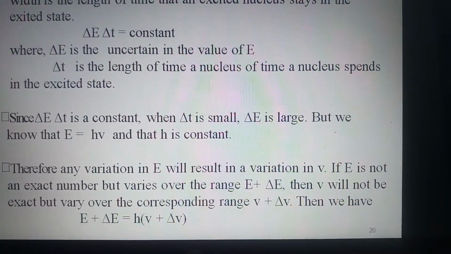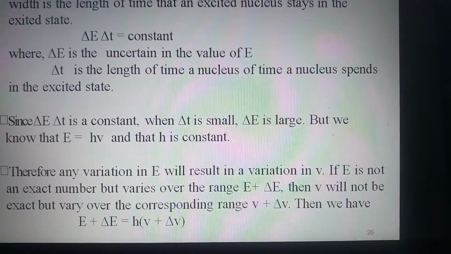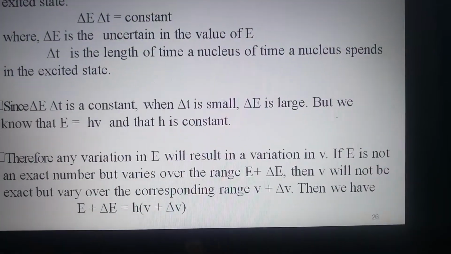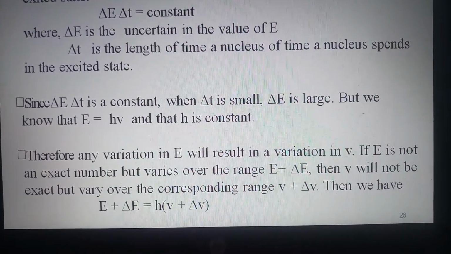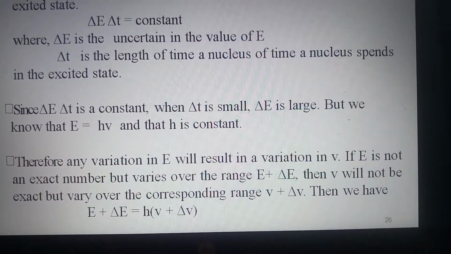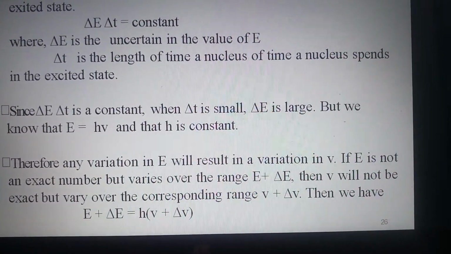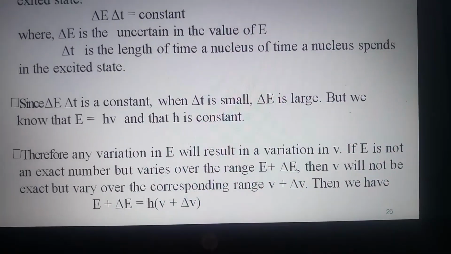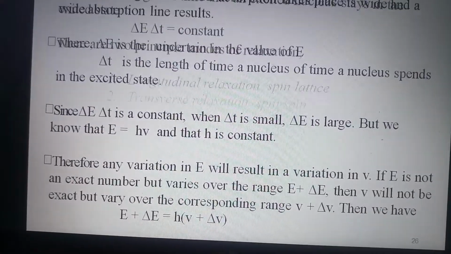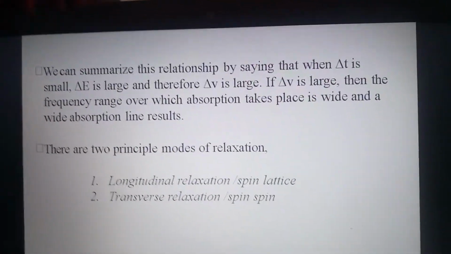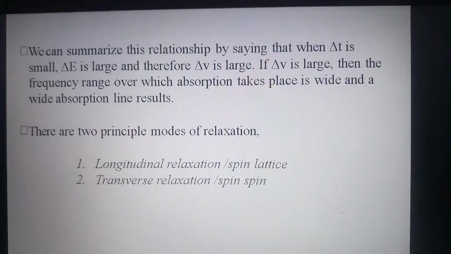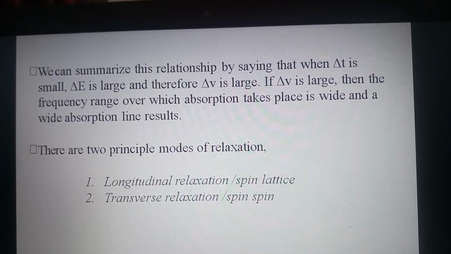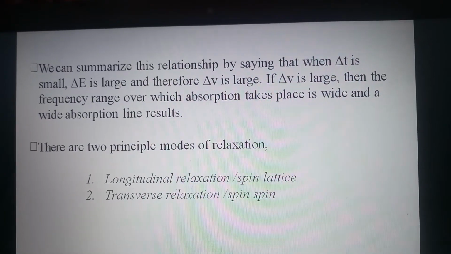If E is not an exact number but varies over the range E plus delta E, then nu will not be exact but vary over the corresponding range of nu plus delta nu. Then we have E plus delta E is equal to h times nu plus delta nu. We can summarize this relationship by saying that when delta t is small, delta E is large and therefore delta nu is also large.